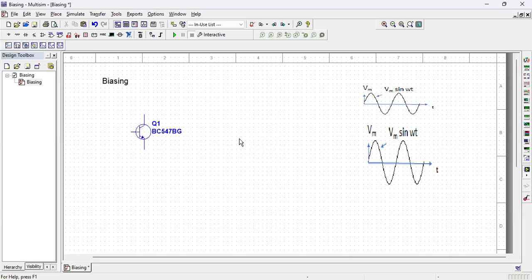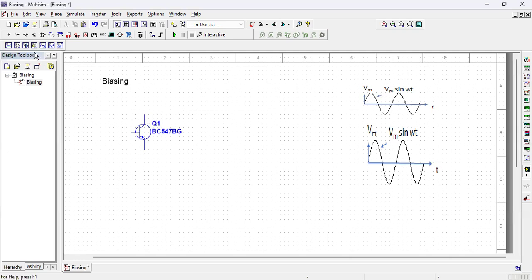As I suggested earlier, all of you should have this software, an educational student version available free of cost. Now, this is the NPN transistor. You can see from its schematic diagram. In NPN transistors, the collector should be connected to some positive potential.